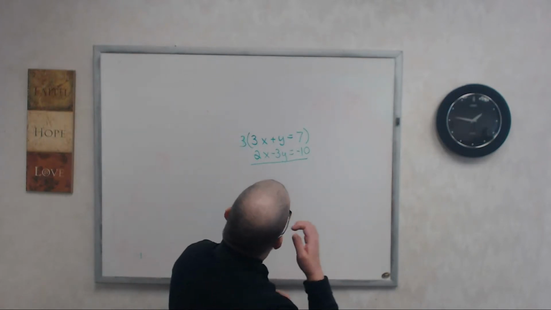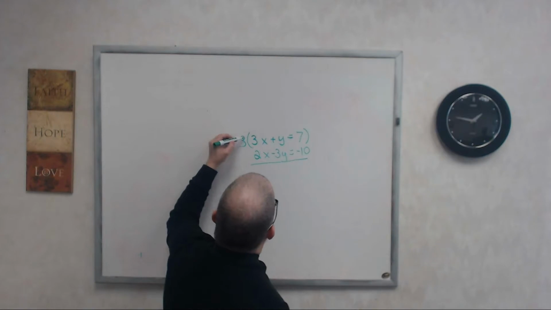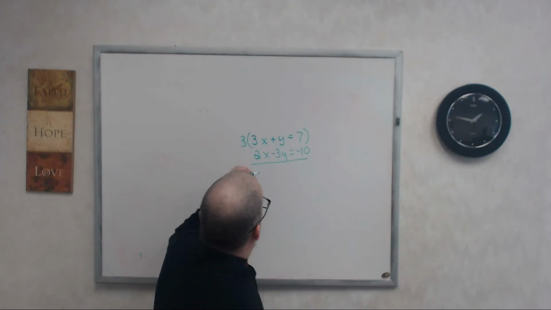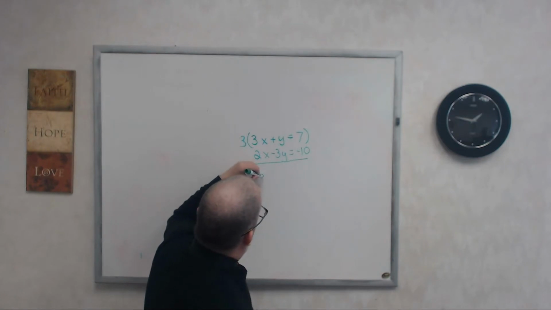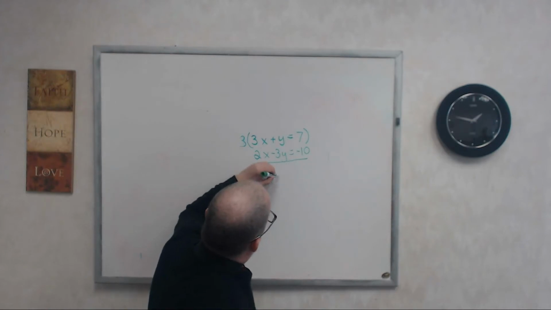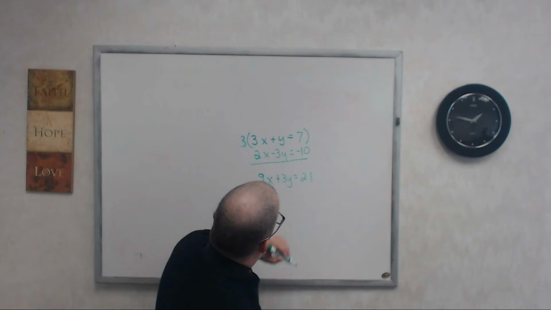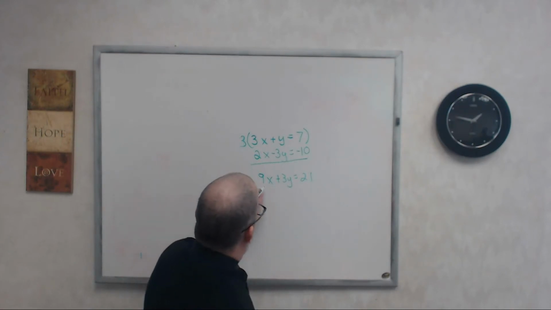We're going to take this equation and distribute it, multiply 3 by each one of the variables. 3 times 3 is 9. It's 9x plus 3y is equal to 21.